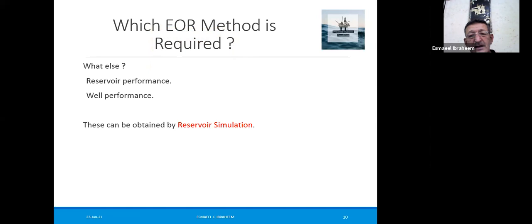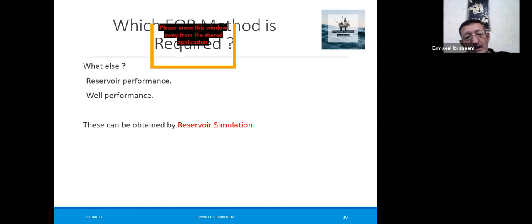In this case, you can decide at what stage or what time you should use EOR. This can be done by implementing reservoir simulation. So let's go and see what kind of information is needed. What is the simulator? Let's go and see.